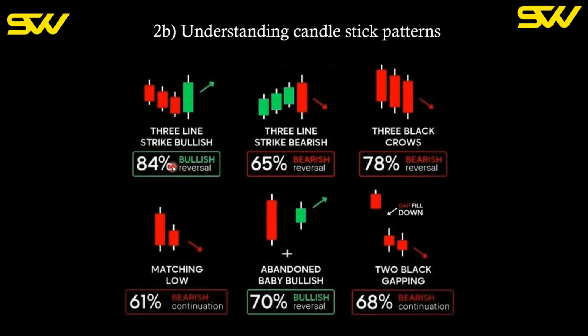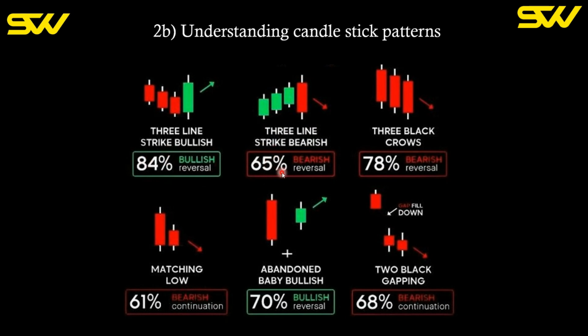All right, so historically these reversal candlestick patterns have given us an 84% success rate. Okay, now if you revert this to the opposite side like this, it becomes three line strike bearish. However, three line strike bearish does not give us as high a success rate as the three line strike bullish: 84% versus 65%.